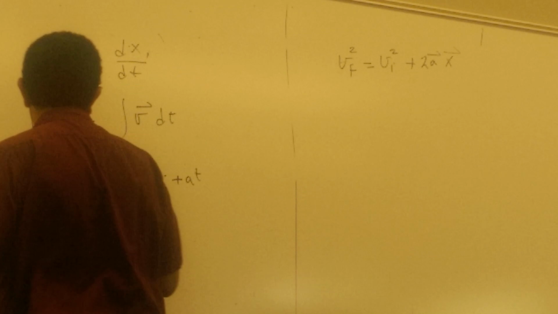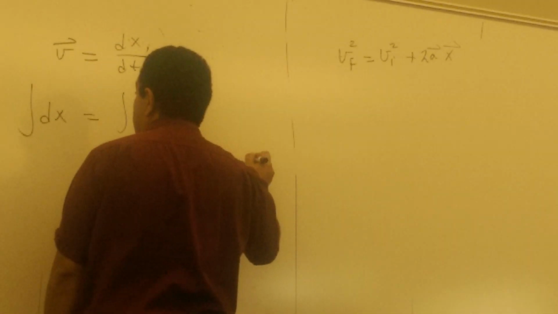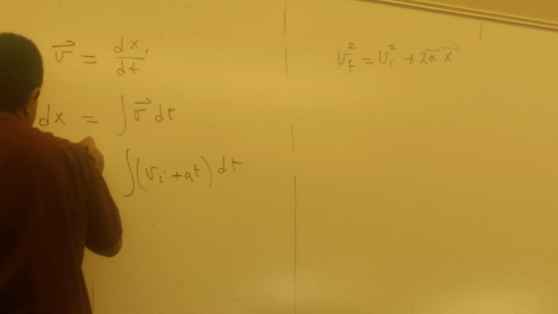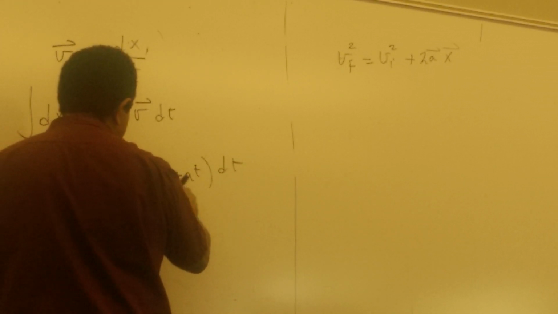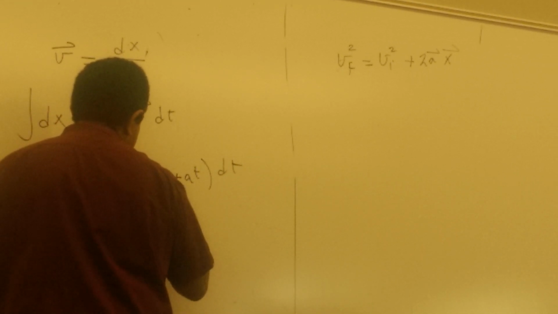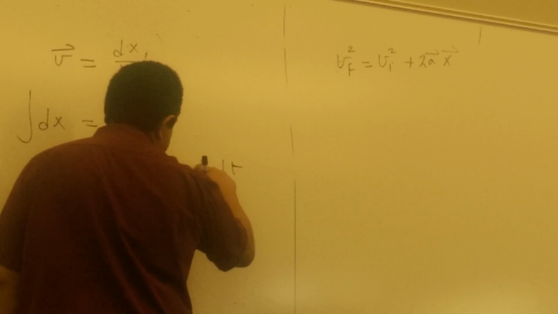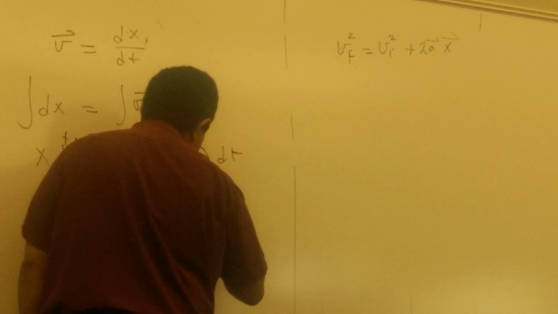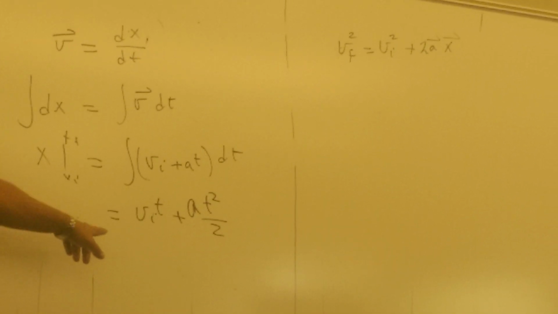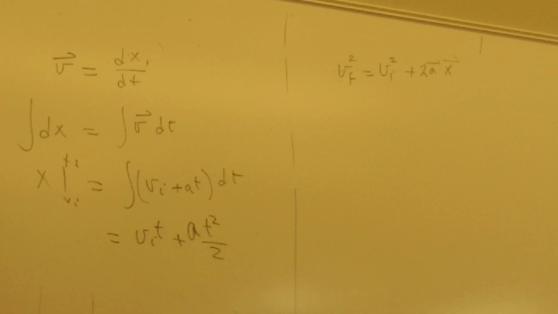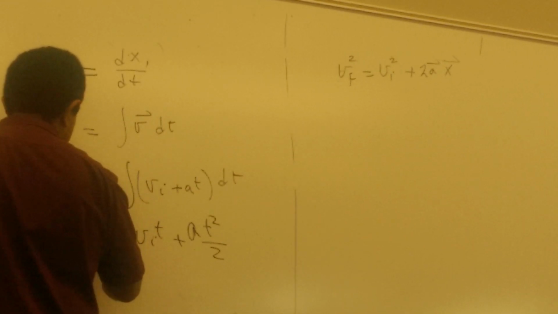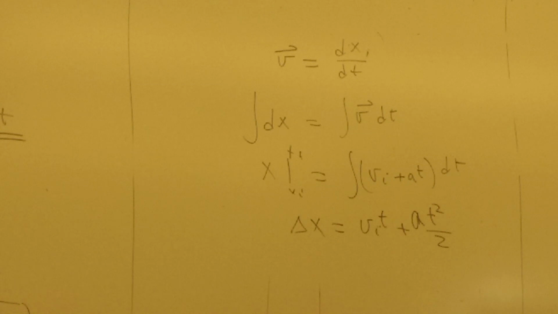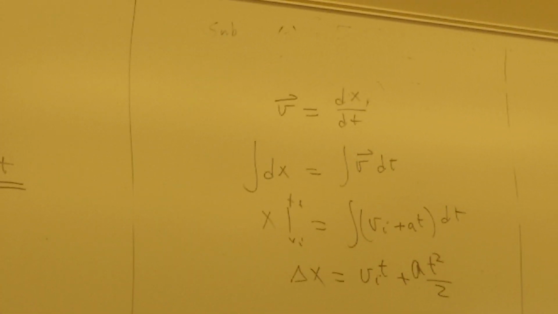I just found that out. Multiplied by delta t. Integration of dx, you get x from x initial to x final. And this would give you v initial t plus at squared over 2. So this is going to be a t squared over 2. Is that an equation that we know? x equals v initial t plus 1/2 at squared.